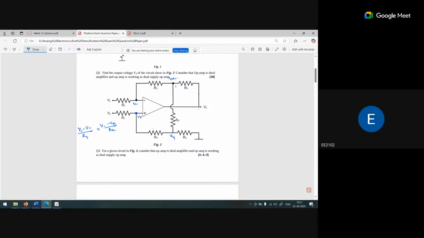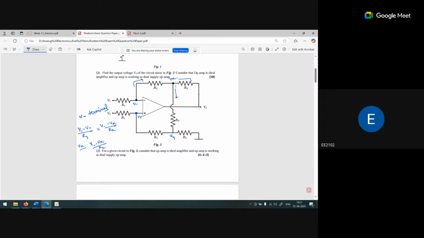If we apply the V negative terminal, now if we apply the Vx terminal, so that is a V minus minus Vx upon R2 plus, either we say that the current that is coming this way will be going in this direction.